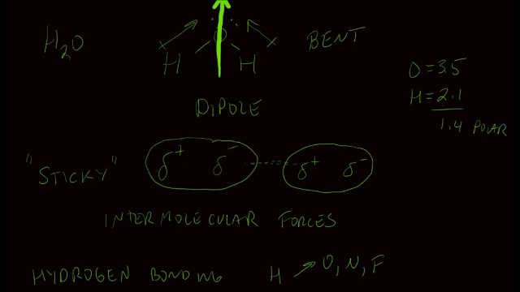And the more partial charge you get, the stronger the electrostatic interactions are. So they're very strong interactions. So strong, in fact, DNA is held together by hydrogen bonds. The base pairs on adjoining strands of the double helix are all held together by hydrogen bonds. So as you can tell, these intermolecular forces are a very strong quasi-bond.